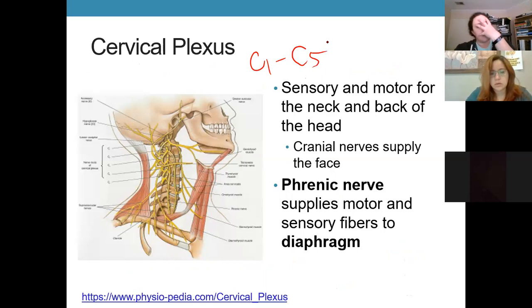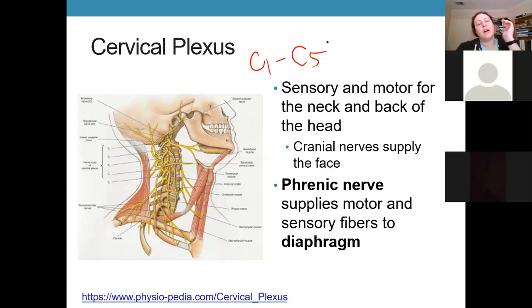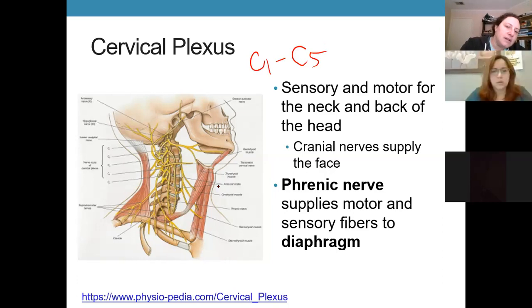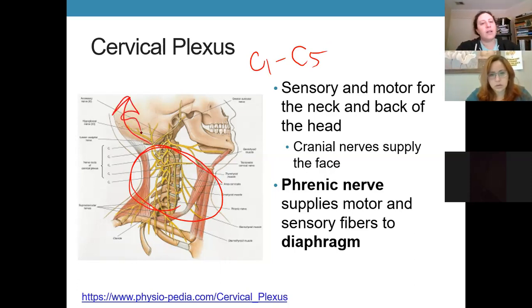So the cranial nerves do up here, we'll talk about those next, and then the back of the head and most of the neck are supplied by the cervical ventral rami. Well, not the very back, sorry, the back of the head. Anyway, so it's really just like those muscles and stuff that you guys had to learn recently in like the back of your scalp. Really the only one that I think is important enough to mention is the phrenic nerve.